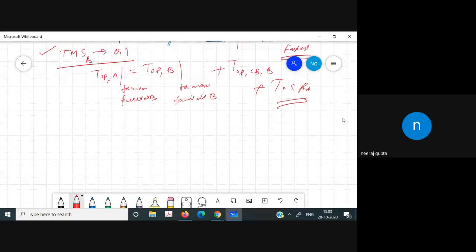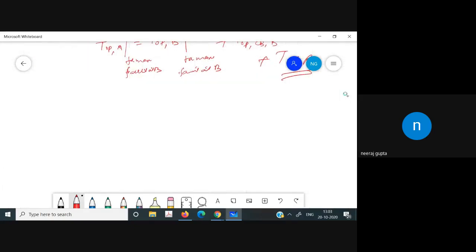So we have to calculate the operating time of B, and as per the relation that we have discussed previously, the operating time of this type of relay is given by 0.14 TMS divided by PSM raised to power 0.02 minus 1.